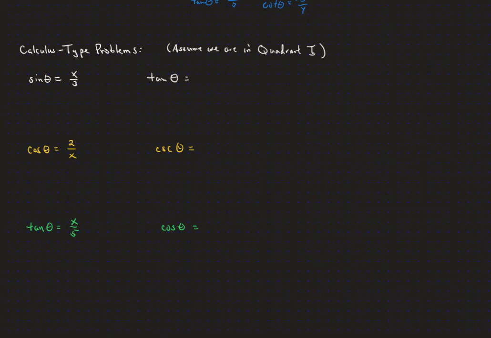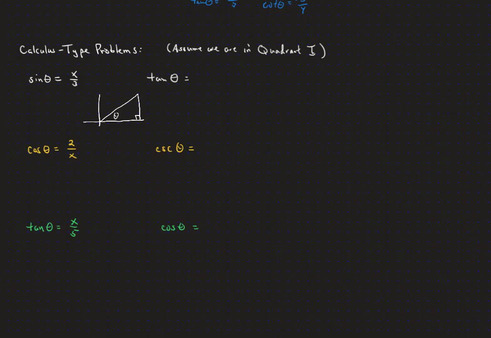We're going to draw a reference triangle. We will always assume given variables, unless it's specifically noted otherwise, the assumption is that the angle is going to be in quadrant 1. It's complicated enough with these variables in there, and we won't add to that complication by placing it into a different quadrant.